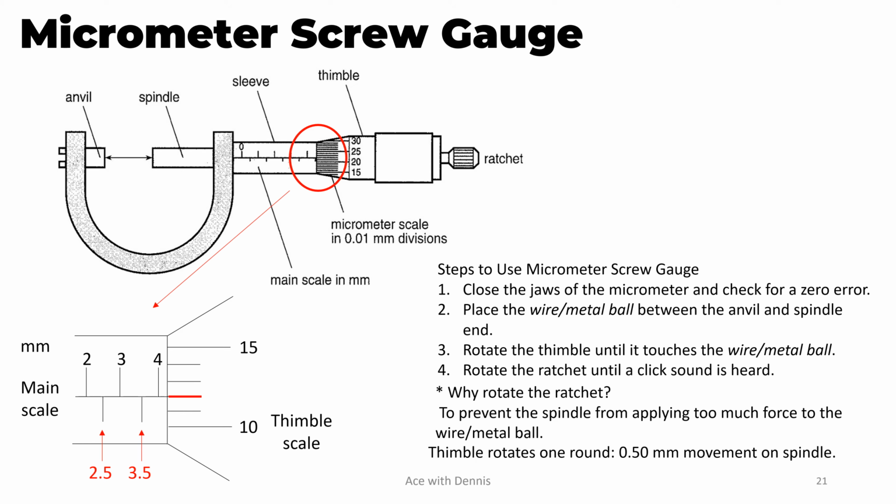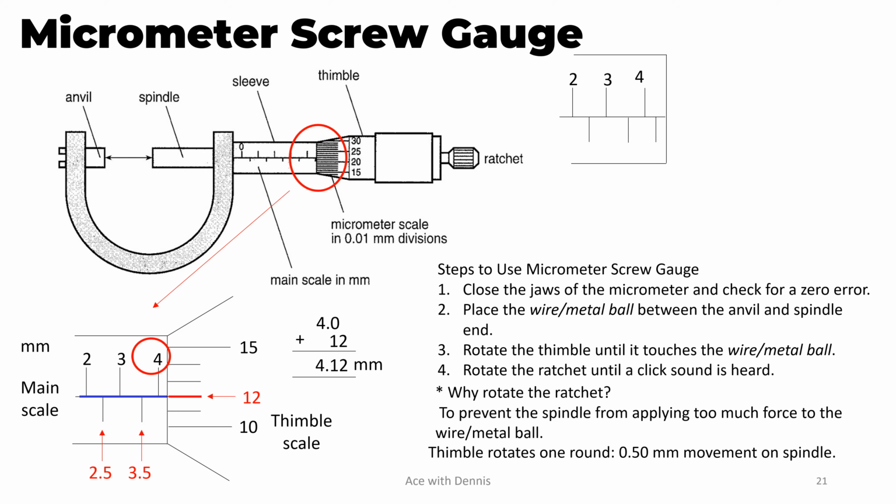We'll check which marking on the thimble scale coincides with the main scale. Now the next one we check here, the 4 here means this is 4.0 plus this is 12, which is plus 12, and then at the end we'll get 4.12 mm.